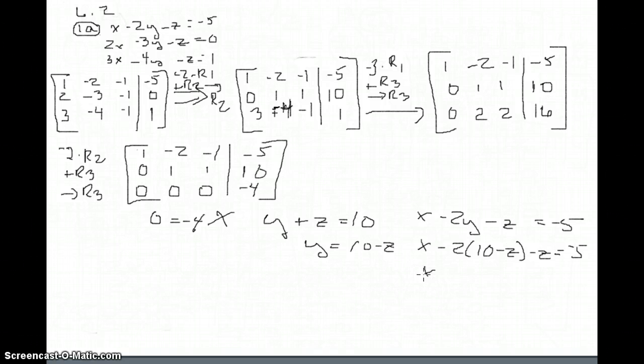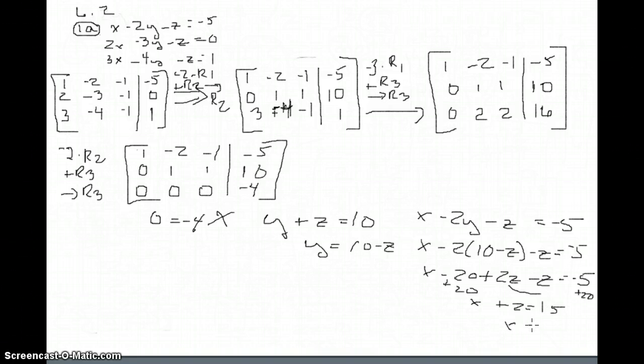So I have x minus 20 plus 2z minus z equals negative 5. All right, so I have minus 20. I'm going to add 20 to both sides. And I get x, and put these two together, and I have plus z equals 15.